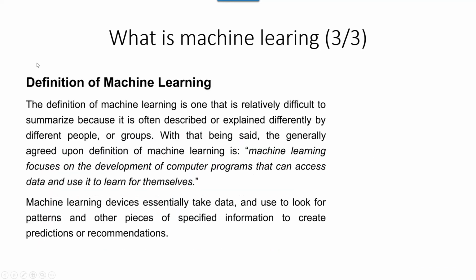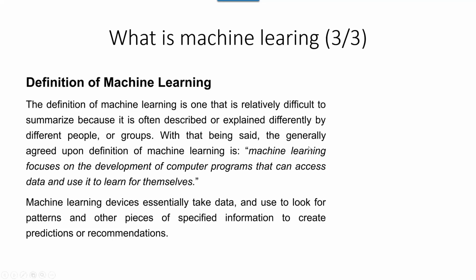The third and last definition of machine learning is one that is relatively difficult to summarize because it's often described or explained differently by different people or groups. In GIS, we have several different definitions based on the people or groups.